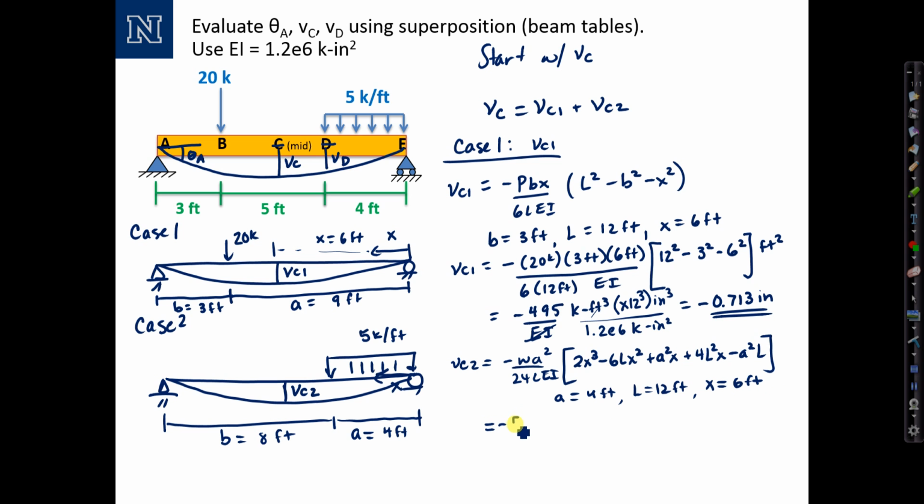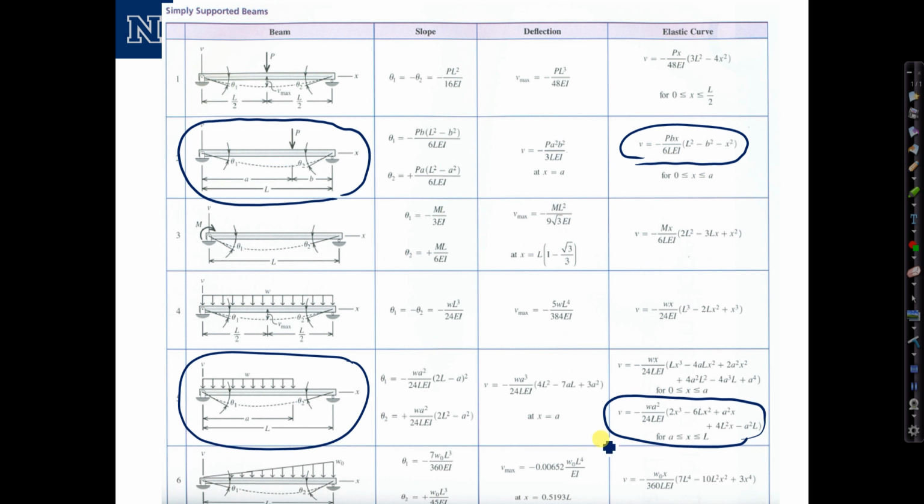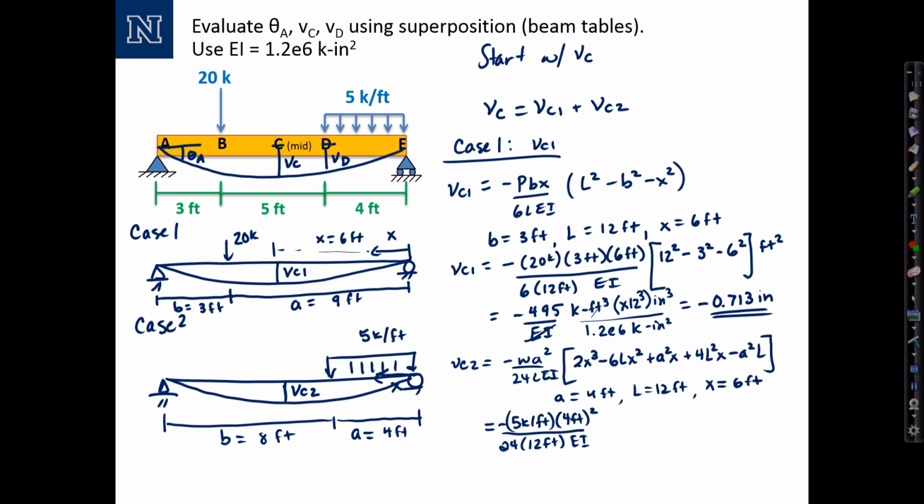So I have negative 5 kips per foot times a squared, 4 feet squared, divided by 24 times 12 feet. Carry the EI along. All of these numbers have the same units, so I'll leave them out.